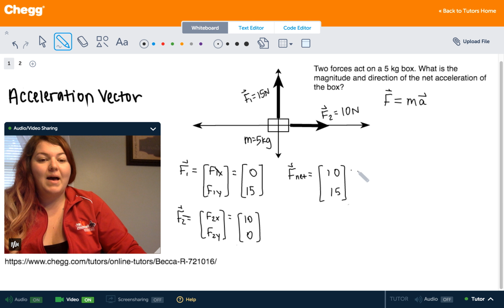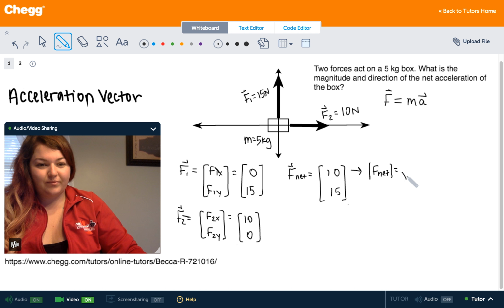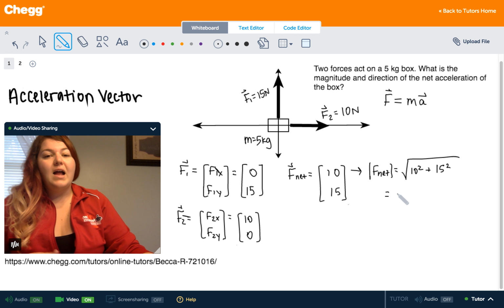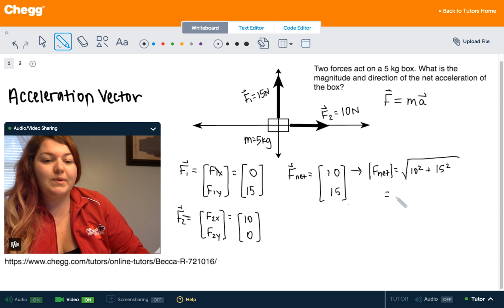Now, to find the magnitude of this net force, we use the Pythagorean theorem. We take the square root of the x component squared plus the y component squared, all underneath that square root. And in this case, we have 10 squared plus 15 squared.